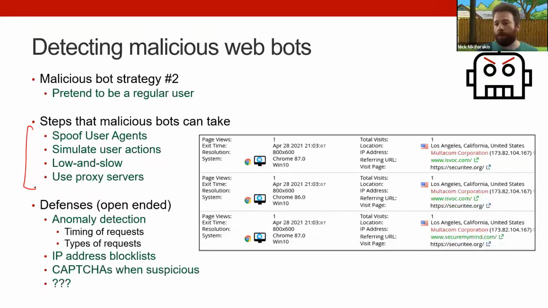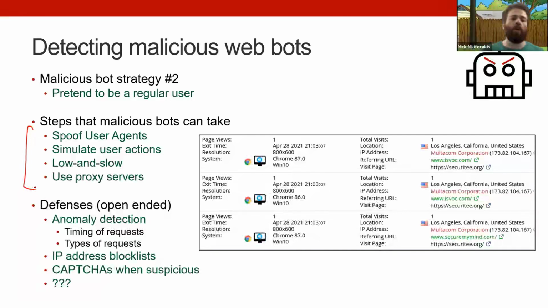They can simulate user actions by scrolling, by tapping, by clicking, right? They can go low and slow. They don't have to hammer your server with thousands of requests at once. And they can use proxy servers to locate themselves from wherever it is that you're expecting traffic. So I could very well be operating my malicious bots at the public cloud, but I can buy residential proxy access from various companies and now appear to you as if I'm coming from a typical ISP network.